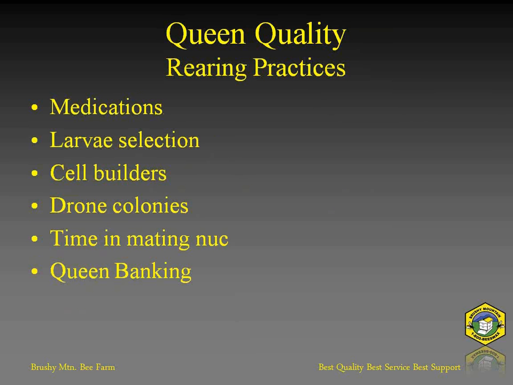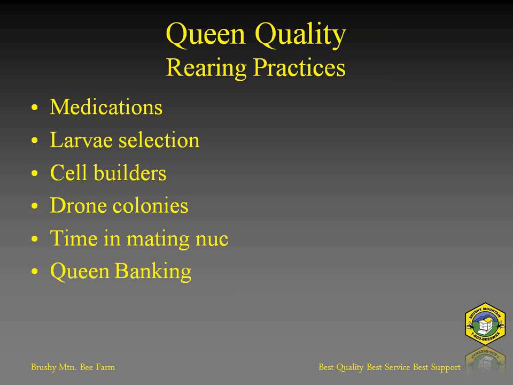Let's talk a little bit about rearing practices. You've got some things to keep in mind. What sort of medications is the breeder using in their colonies, in their mating nukes, things like that? Larva selection. Are they selecting good quality larvae at the appropriate time? The cell builders. Basically, they put the grafted larva into a colony that will draw out those cells, and in some cases, these cell builders will also be the nurse bees that feed the developing larva.